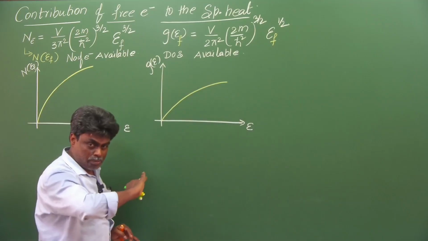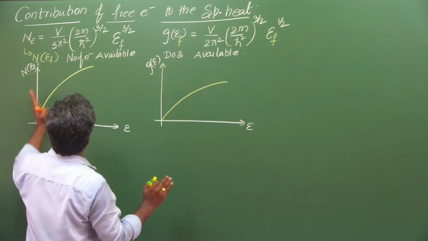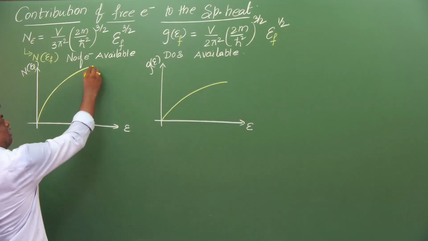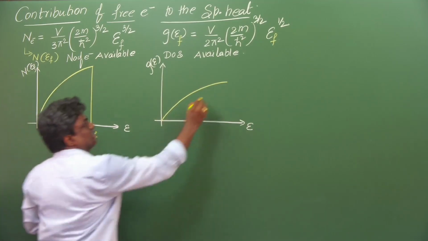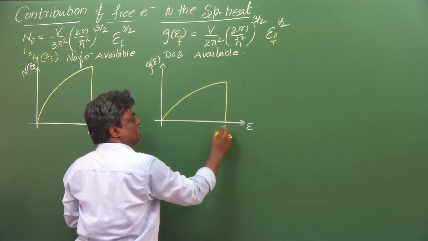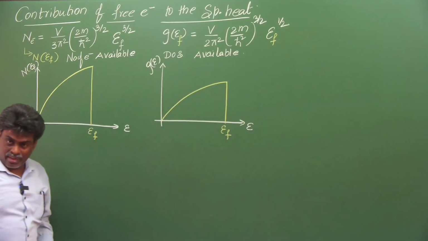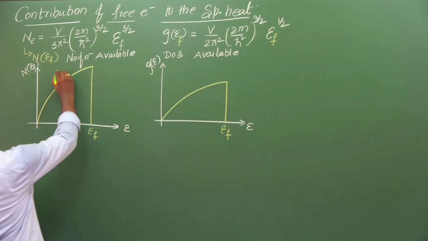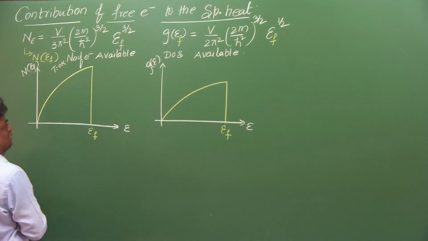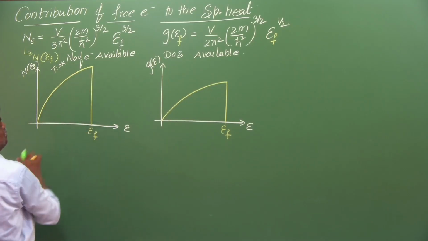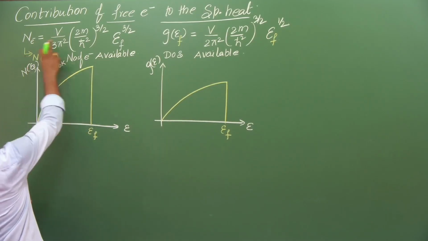Less slope, more horizontal; more slope, more vertical. And this everything is up to EF. So this is the graph at T equal to 0 Kelvin. It's proportional to E power 3 by 2, and at the Fermi level EF power 3 by 2.